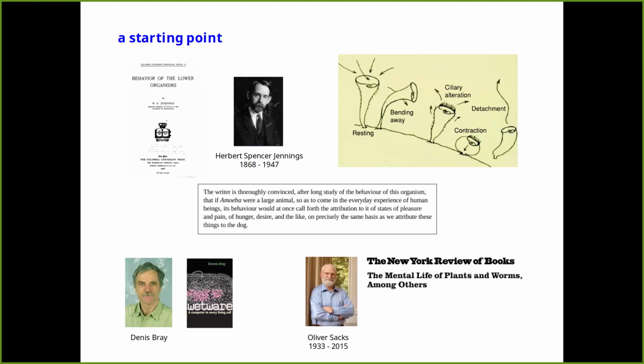And what Jennings describes is that when the organism first encounters this, it tends to bend away, as you can see again on that picture. And if you keep repeating it, it might bend more. But then it changes tack, and it exhibits a ciliary alteration, which you can see there by the cilia around the rim standing on end.